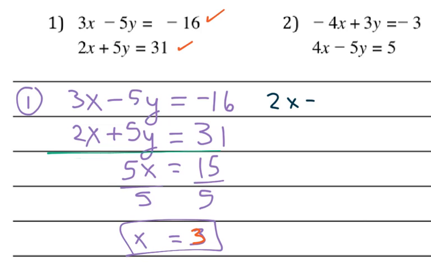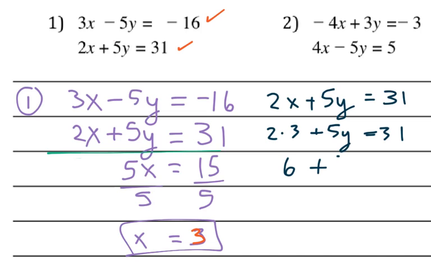So here's 2x plus 5y equals 31, and I know that x is 3, so I'm going to plug a 3 in there, plus 5y equals 31. Simplifying things, I get 6 plus 5y equals 31, subtract 6, and the better you get at these, you'll do these in fewer steps.